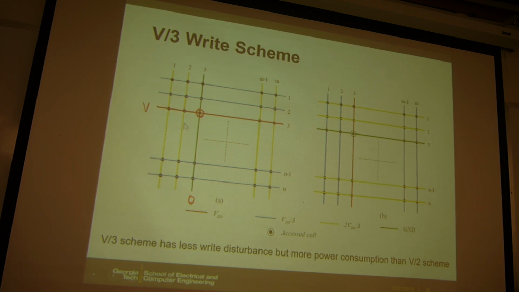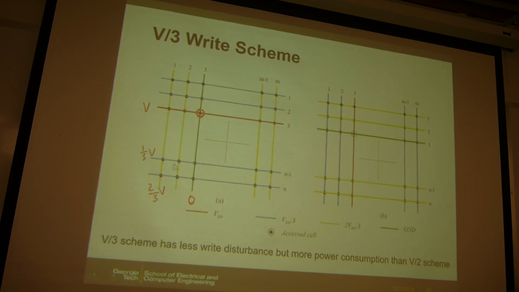And then for the unselected columns, those yellow lines, we'll apply 2/3 V here for the yellow vertical lines. And then for the unselected rows, those are the blue horizontal lines, we apply 1/3 V there.